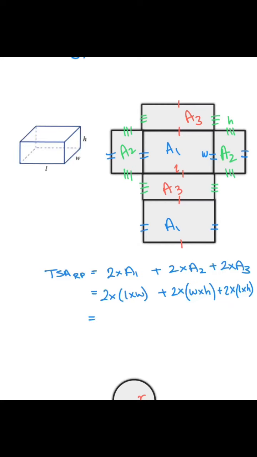So if I was to simplify this, I have 2LW plus 2WH plus 2LH. Let's say my length is 3 centimetres, my width is 1 centimetre, and my height is 2 centimetres. So let's have a look at the example.